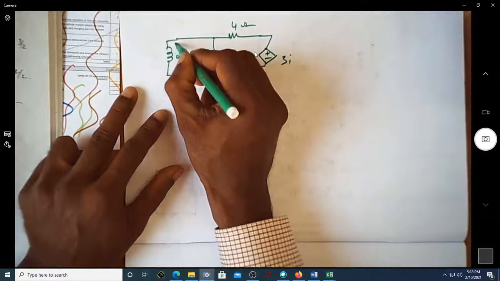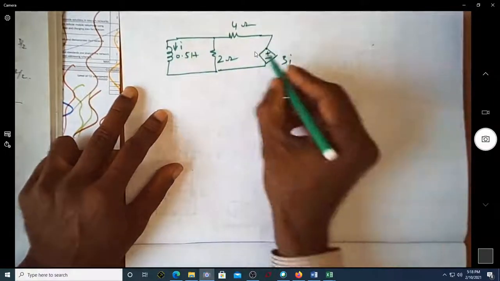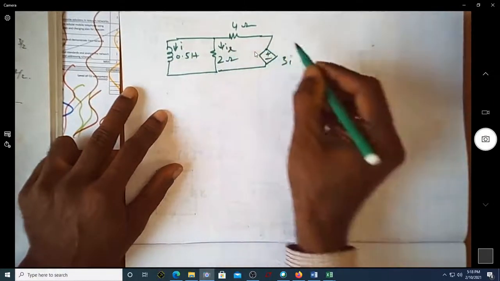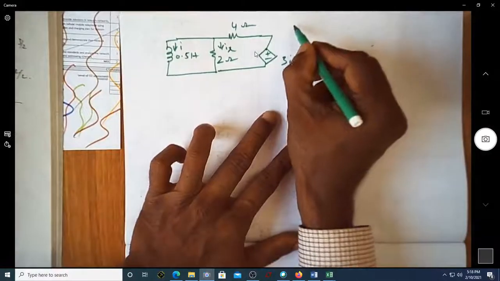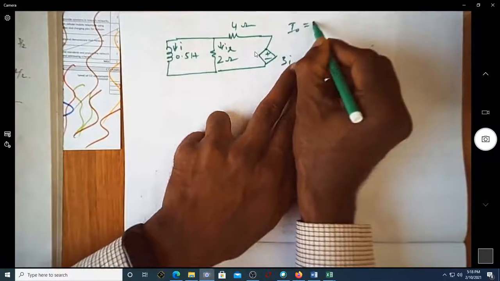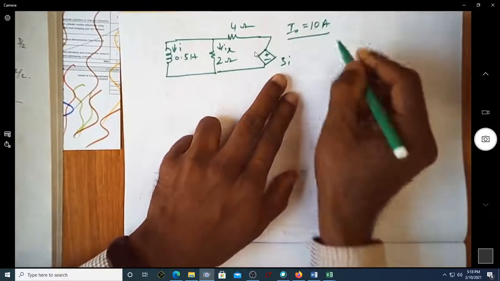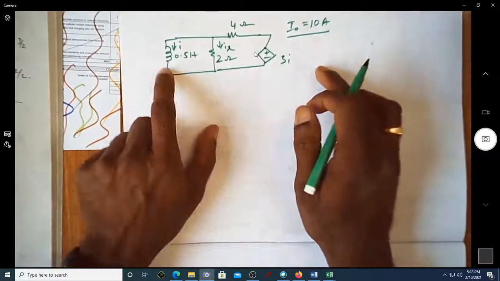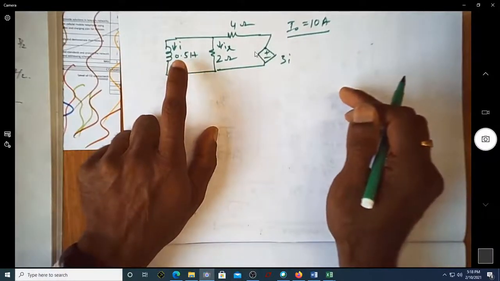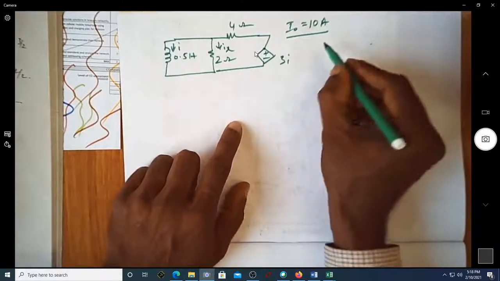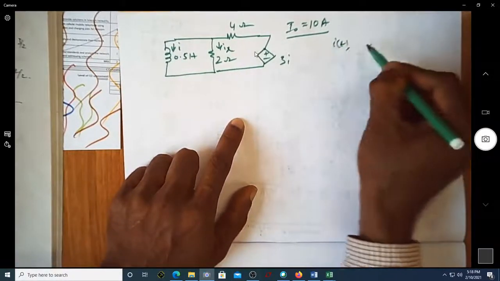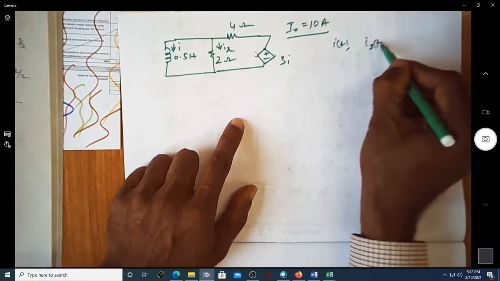This is the current I am talking about, and this is ix. It is given that I naught is equal to 10 ampere. Assuming an initial current of 10 ampere flowing through this inductor, we are asked to find I of t and Ix of t.